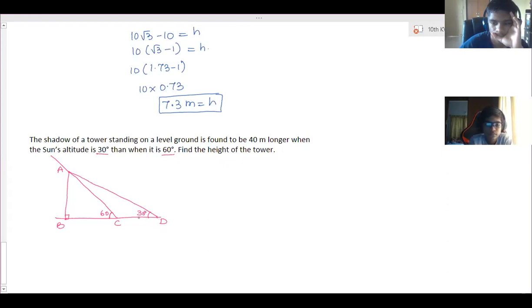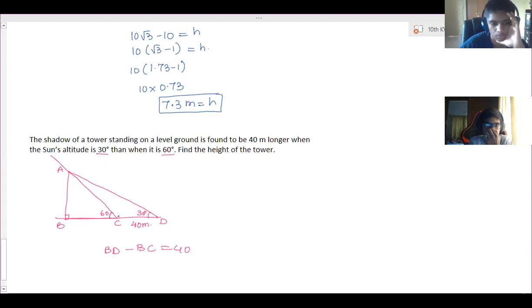That means this BD distance is greater than BC distance by 40 meters. So BD minus BC is 40. Which distance is BD minus BC? CD. So CD is 40 meters, right?